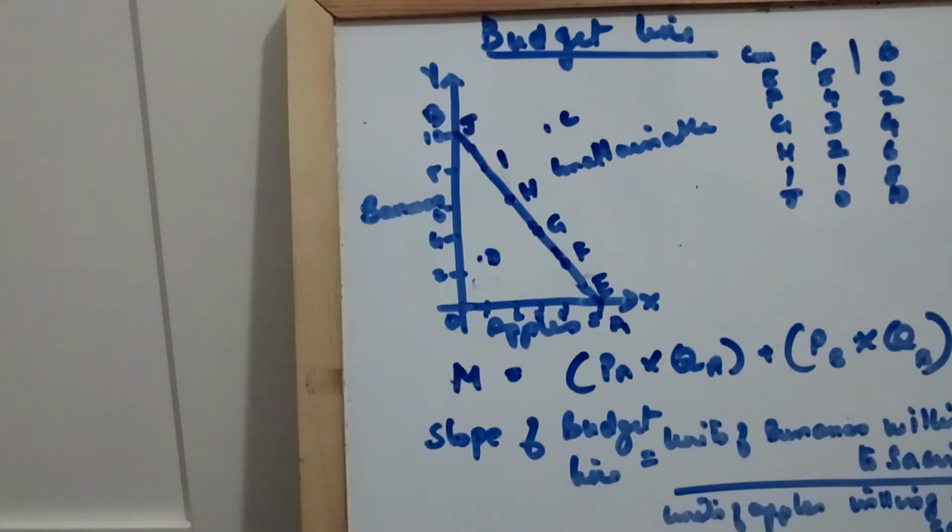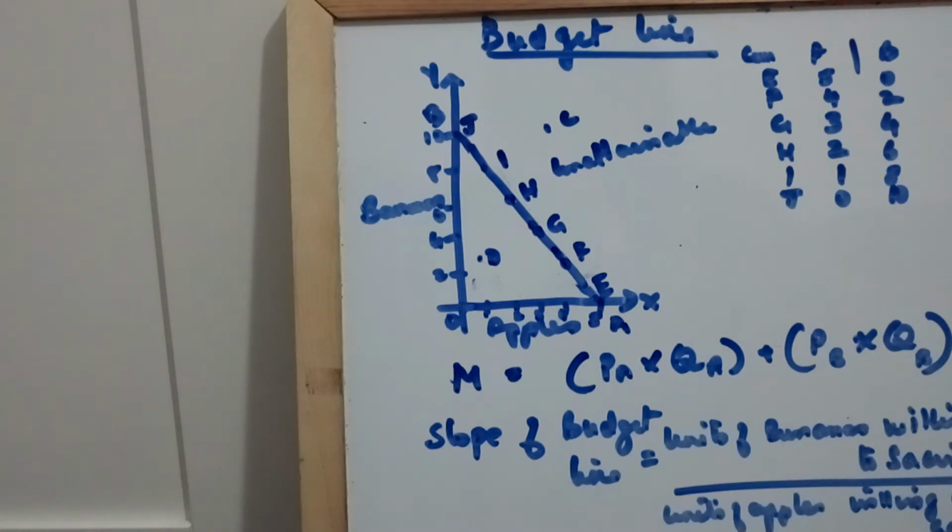So when you talk about budget line, the cost of the products or commodities, the income of a consumer, and the combination of goods which should suit the income of the consumer, they are all related.